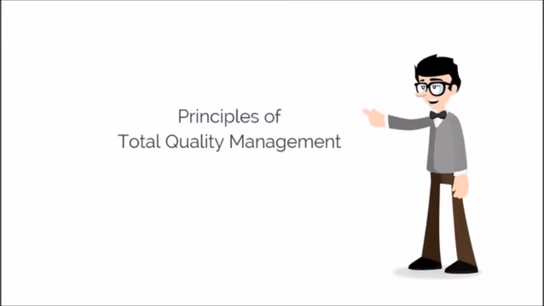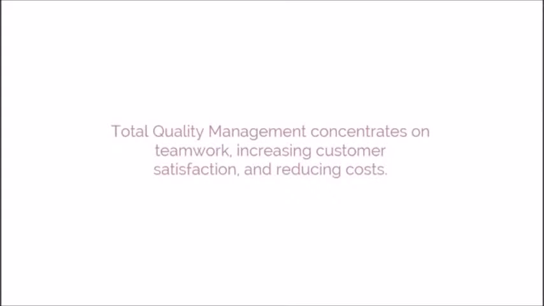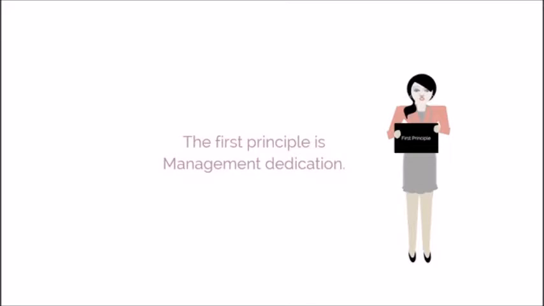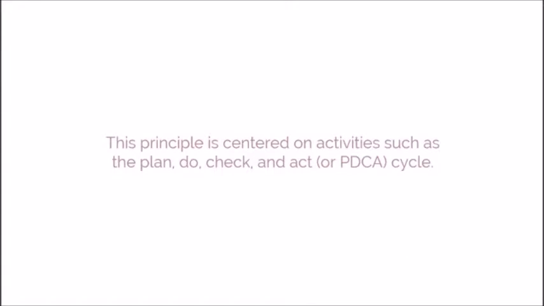Next, let's discuss the principles of total quality management. Total quality management concentrates on teamwork, increasing customer satisfaction, and reducing costs. Its activities are based on six foundational principles. The first principle is management dedication. This principle is centered on activities such as the plan, do, check, and act cycle, the PDCA cycle.